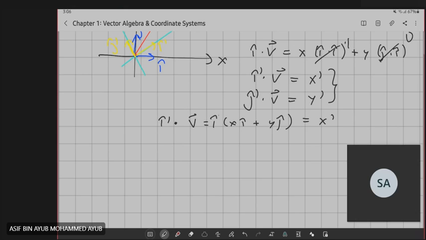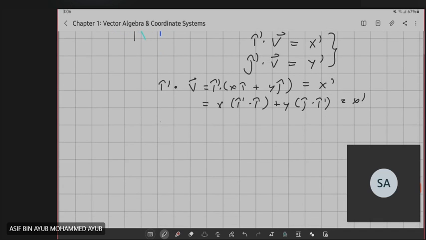So you'll have x i prime dot i plus y j dot i prime equals x prime. Similarly, if I dot j prime with v, I must get y prime.